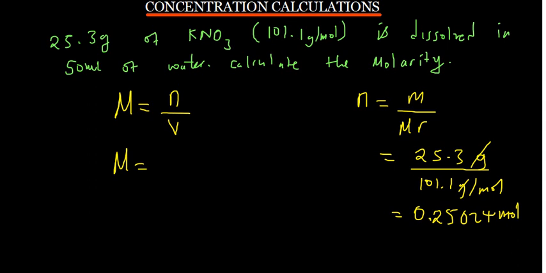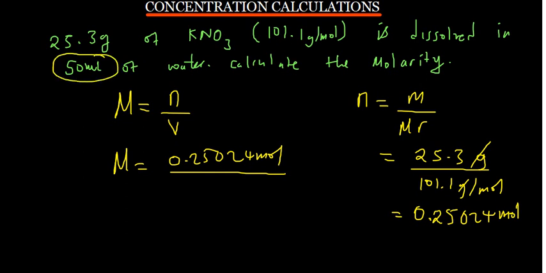So molarity therefore is going to be 0.25024 moles over the volume. Now remember the volume should be in liters. Now we've been given milliliters. So to convert from milliliter to liter, simply divide by 1000 or multiply by 10 to the power negative 3. So I'm going to say 50 times 10 to the power negative 3 is now in liters. We've converted.